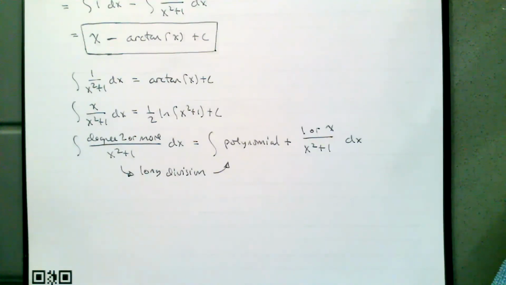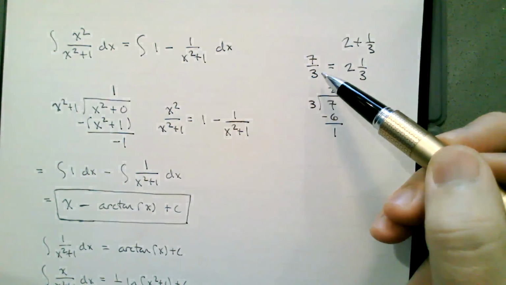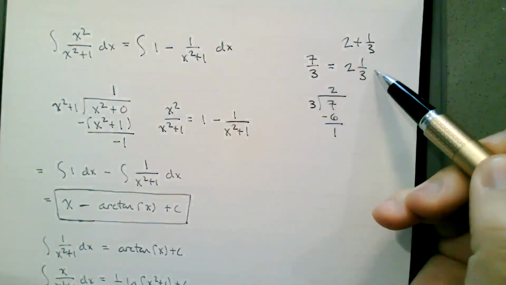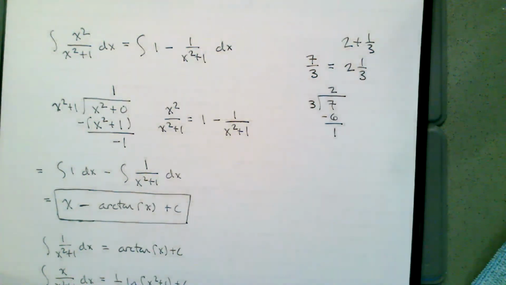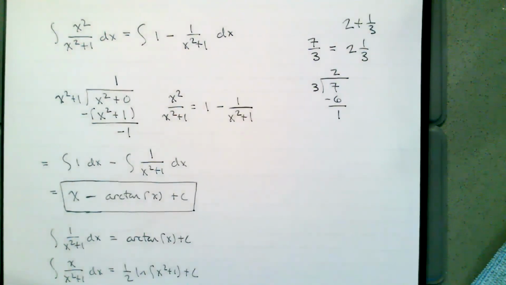We can rewrite our improper fraction where the numerator is greater than the denominator by writing a whole number, and then the remaining fraction will have the numerator less than the denominator. So we think of the size of the polynomials based on their degree.